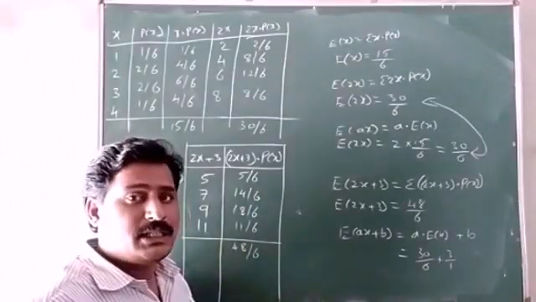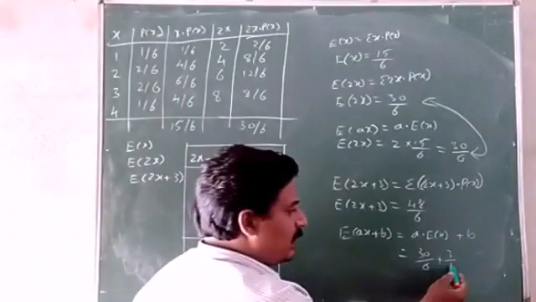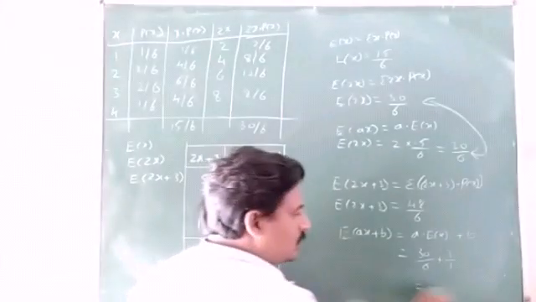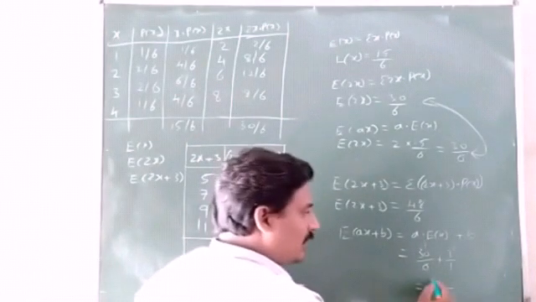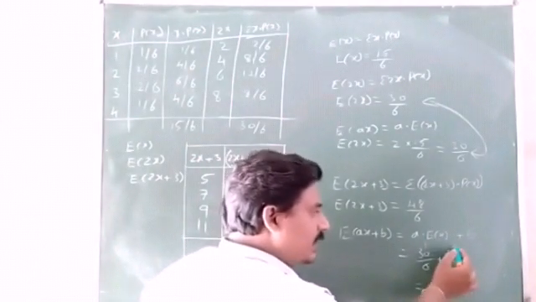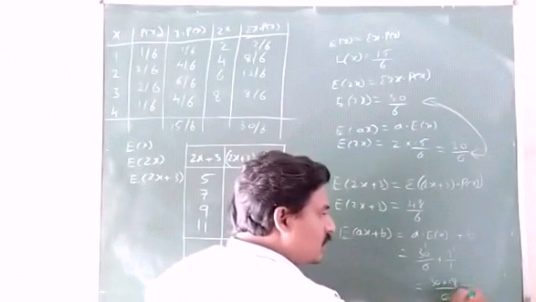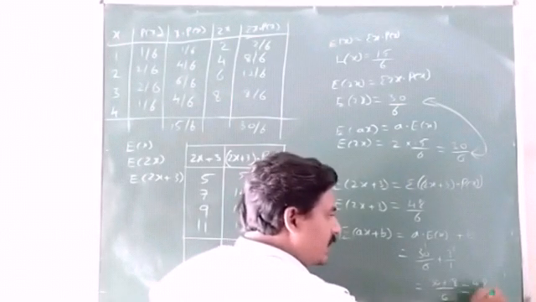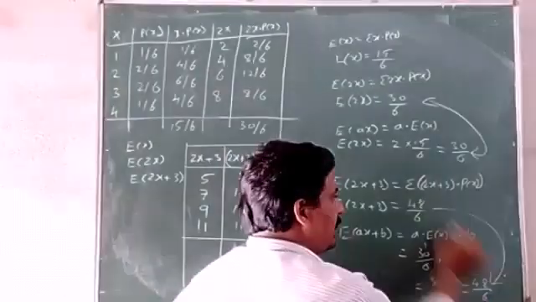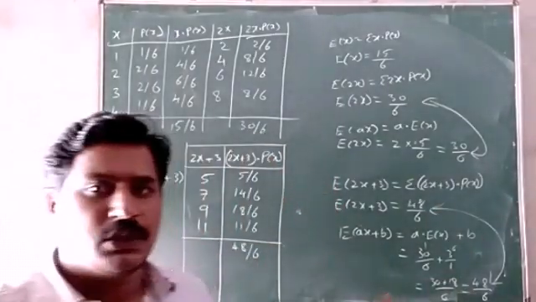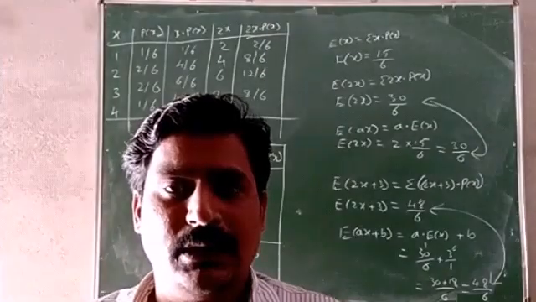LCM of 6 and 1 is 6 itself. So 6 ones are 6 and 1 6 are 6. So 30 plus 3 into 6 is 18. So the answer is 48 divided by 6. By both ways, using the table and using the shortcut, we got the same answer.